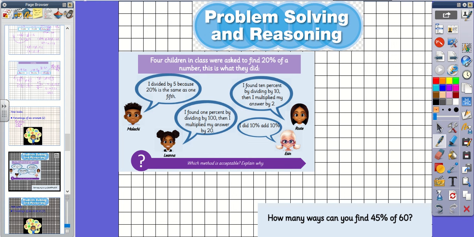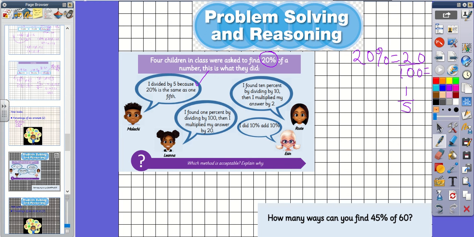So if we're finding 20%, so let's see, I divided by 5 because 20% is the same as 1/5. That is correct, because 20% is the same as 20 hundredths, which if we simplify that, equals 1/5. Okay, so he's correct.